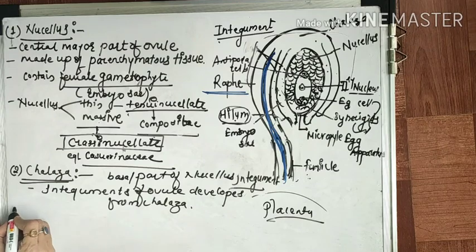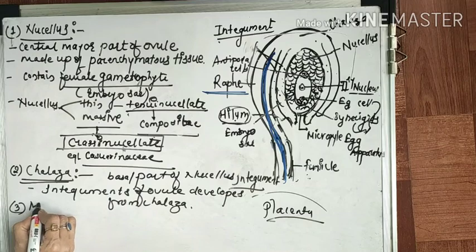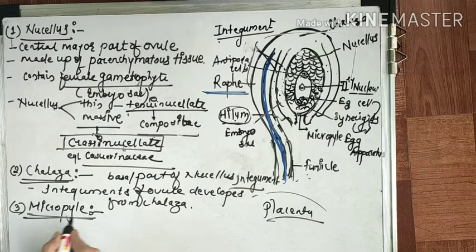Then the third part of this ovule is called the micropyle.